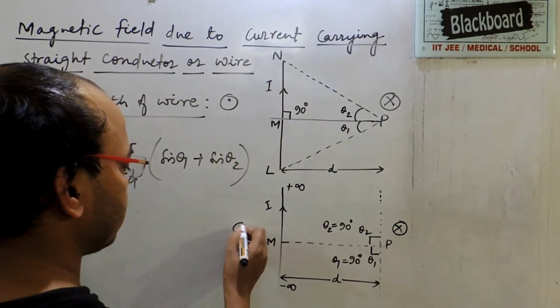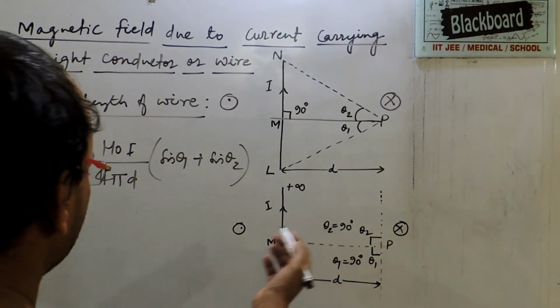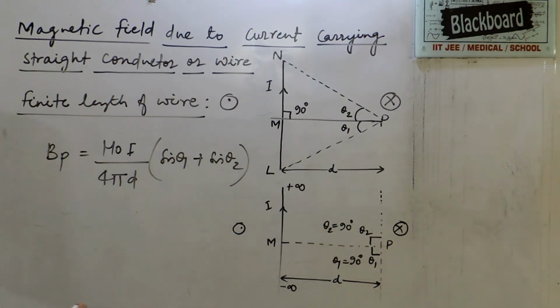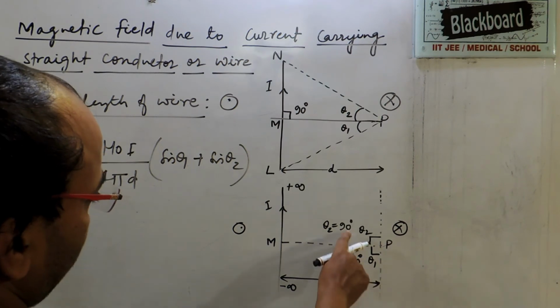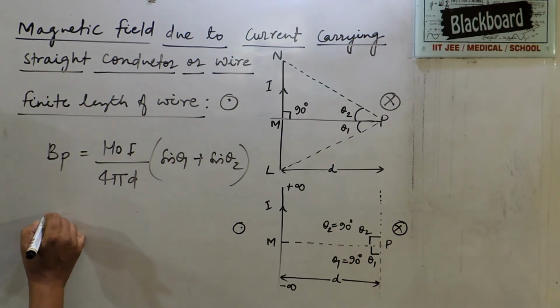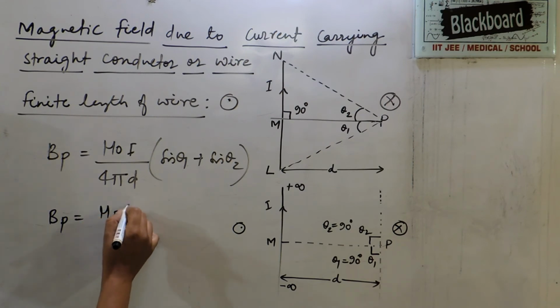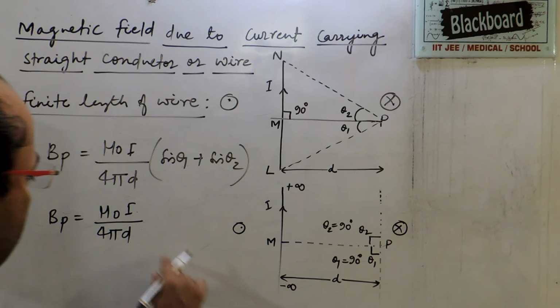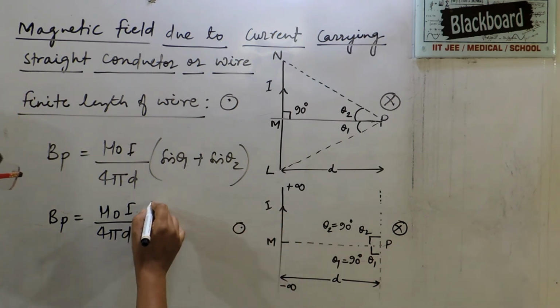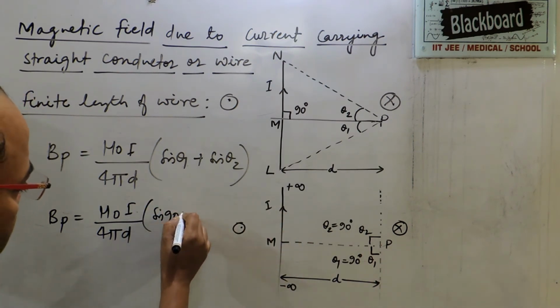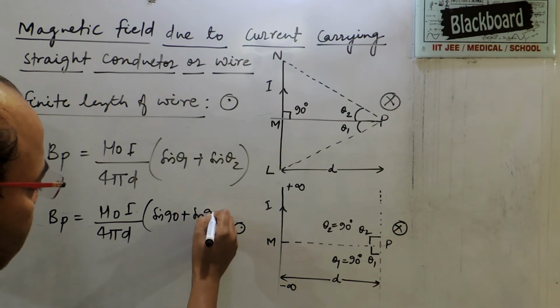and on this side above the plane. And what will be the value of magnetic field at this point? Here theta 1 is 90 and theta 2 is 90. That means BP will be mu naught I over 4 pi d, where d is the distance and I is the value of current, times sine 90 plus sine 90.